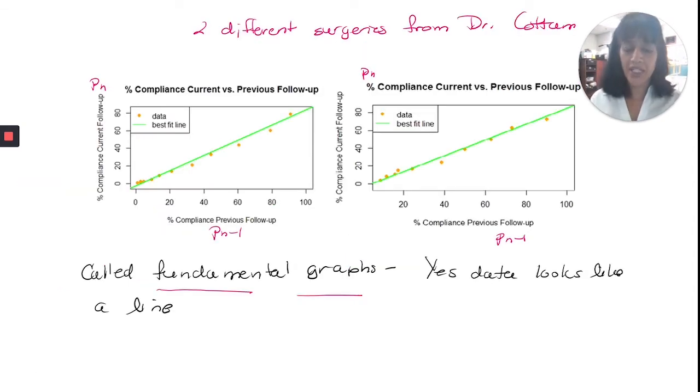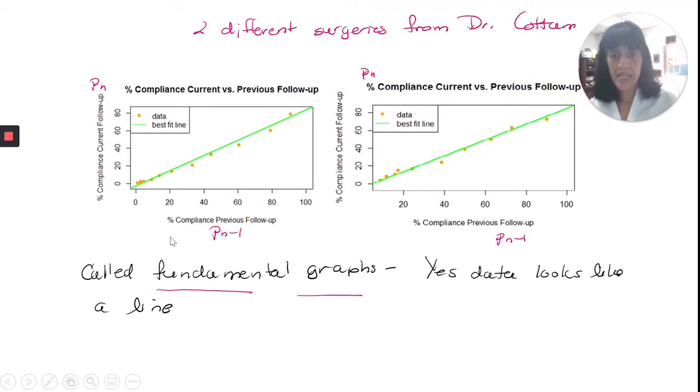So I actually was gratified to know that this does seem the case for Dr. Cottom. This came from Second Lieutenant Taylor Brazel's thesis. She was a firstie here, and we gave her Dr. Cottom's data, and she plotted one against the other. So this is P sub n on the y-axis and P sub n minus 1 on the x-axis.